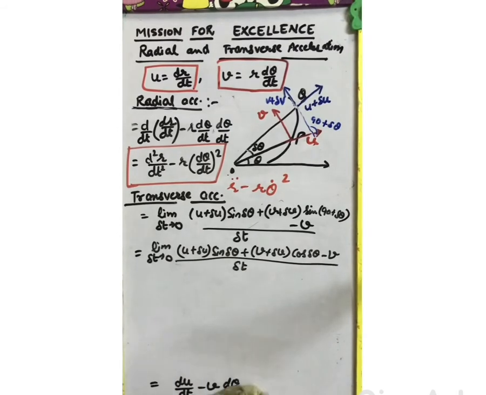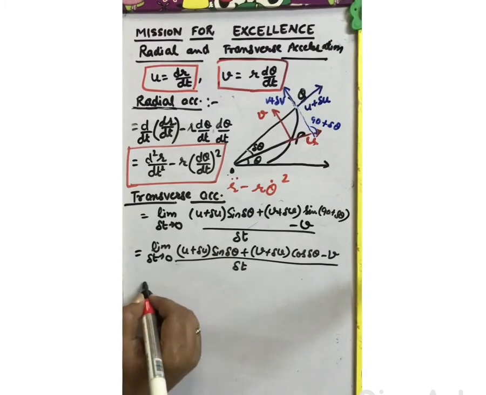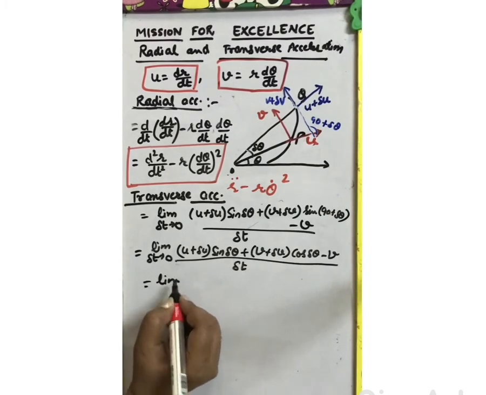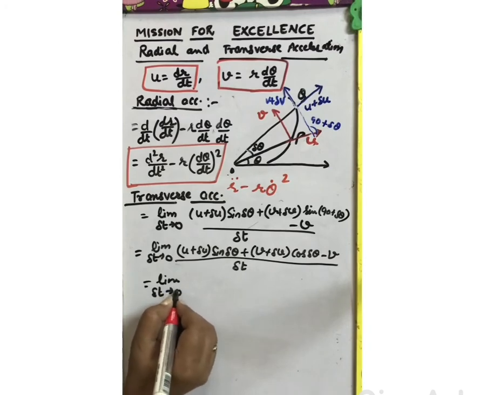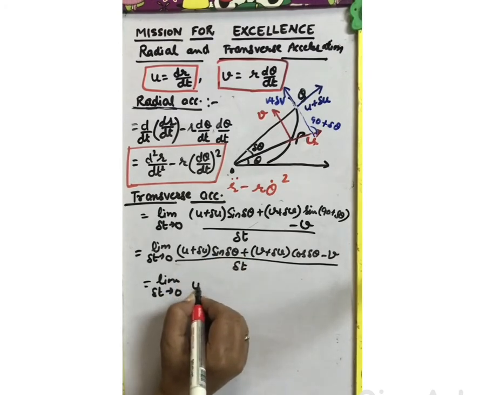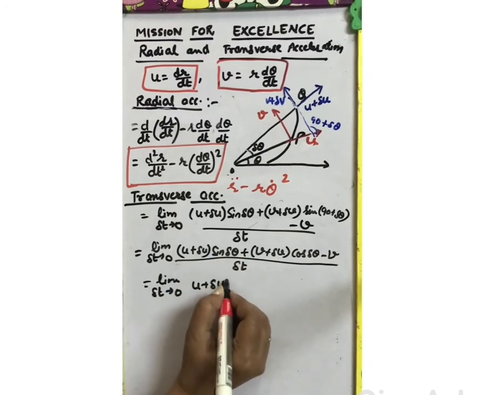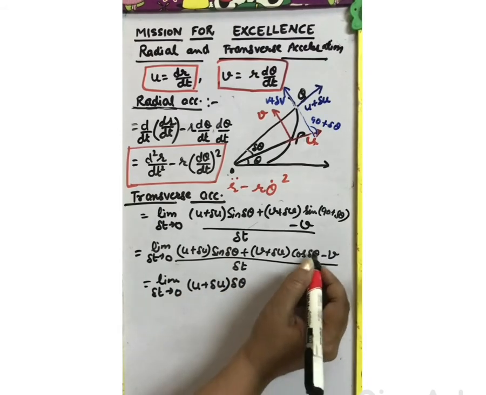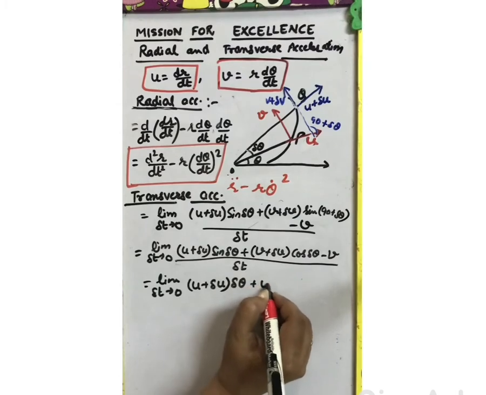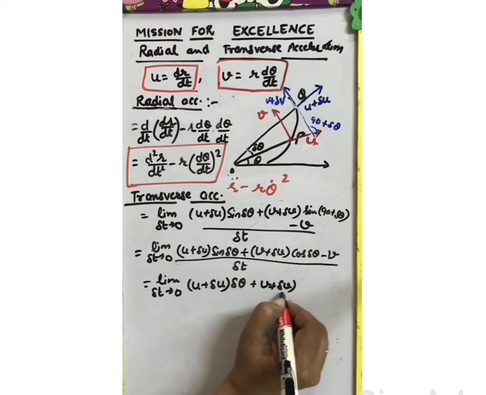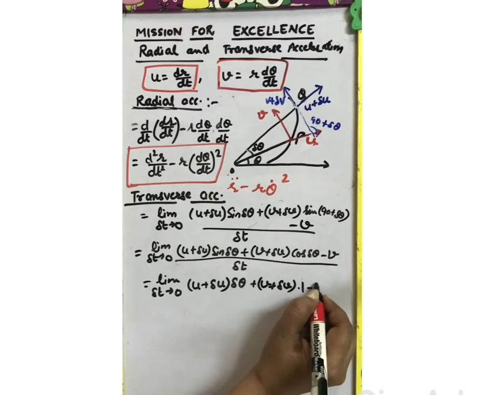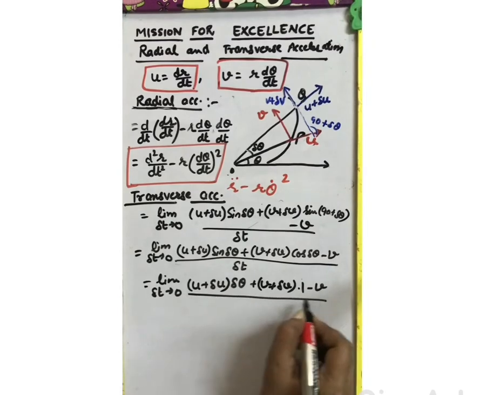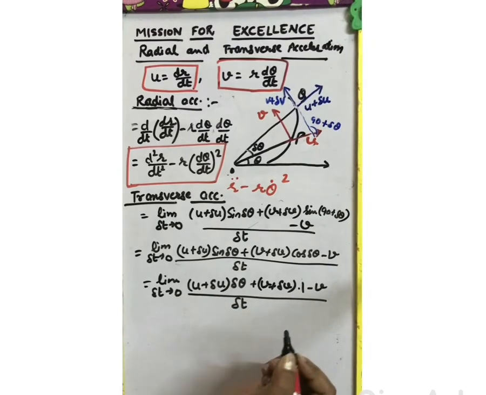So now when we take expansion of this as previously, for the small theta we get here only delta theta, and for this we get 1, (v plus delta v) into 1, minus v divided by delta t.